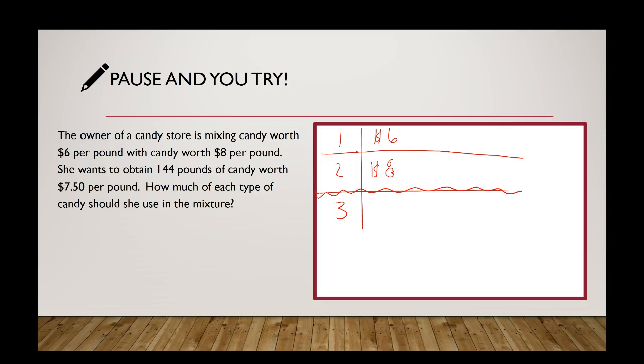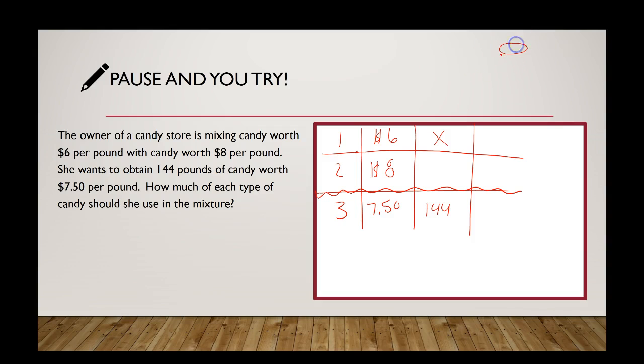She wants to obtain 144 pounds of candy worth $7.50. All right, so there's my price. The 144 pounds goes with the mixture. I don't know these. So the first one is x. The next one would be the 144 minus x.